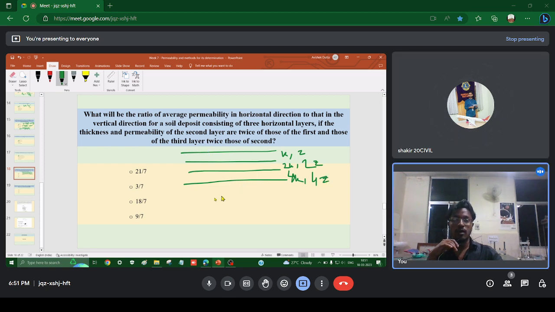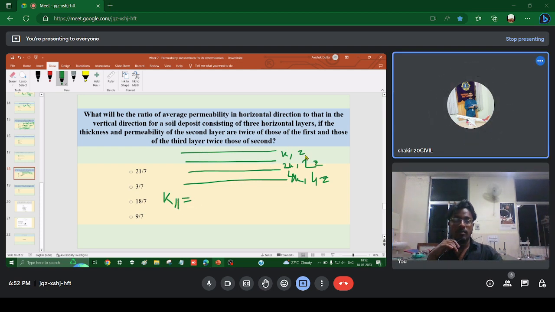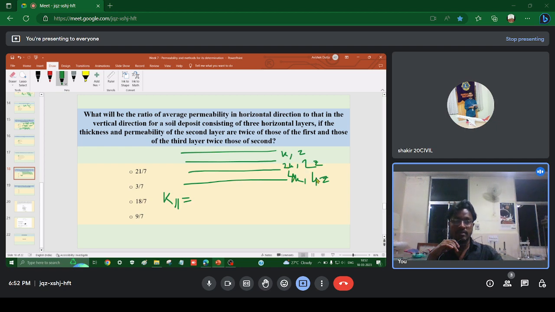Now you put in the formula for k. If you say parallel, what will be the value? K1 Z1 plus K2 Z2 plus K3 Z3.